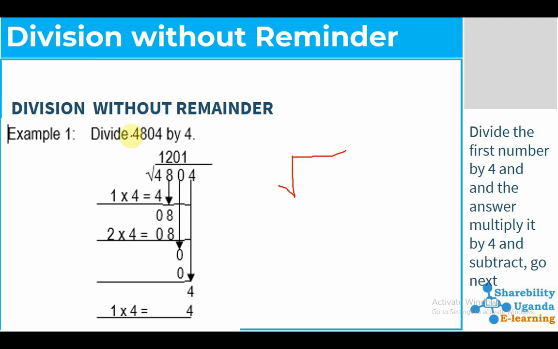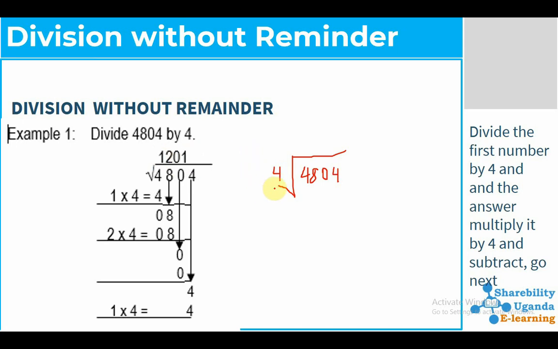So we bring our number here: 4, 8, 0, 4. Then we bring our 4 here. Here they did not put the 4, but automatically they knew the 4 must be there. So we shall divide one by one and see how these people came up with this, step by step.